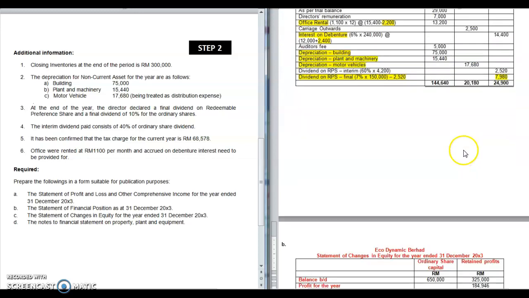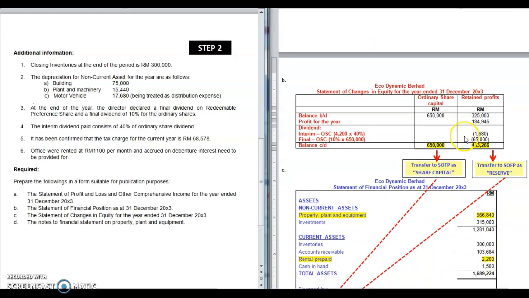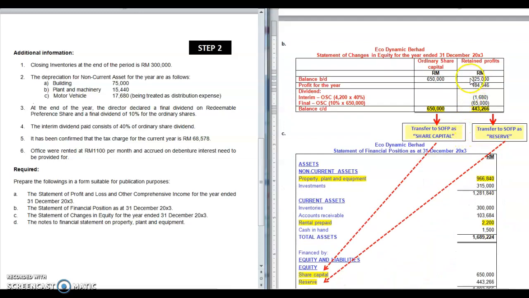This profit will be added to the retained profit of the company. The retained profit so far is 325,000, so the profit for the year will be accumulated to this opening balance. But if the company has a loss during the year, the amount needs to be deducted. Okay, I hope you are clear on that.